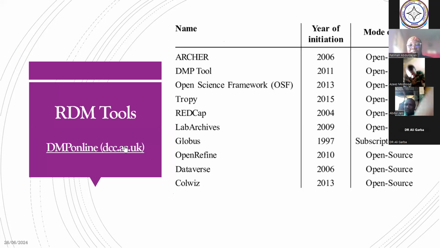So this software will guide you on what to keep about your data. So far, they have about 136,000 users across the world with 340,000 organizations, and they have 153,602 data management plans from 89 countries.